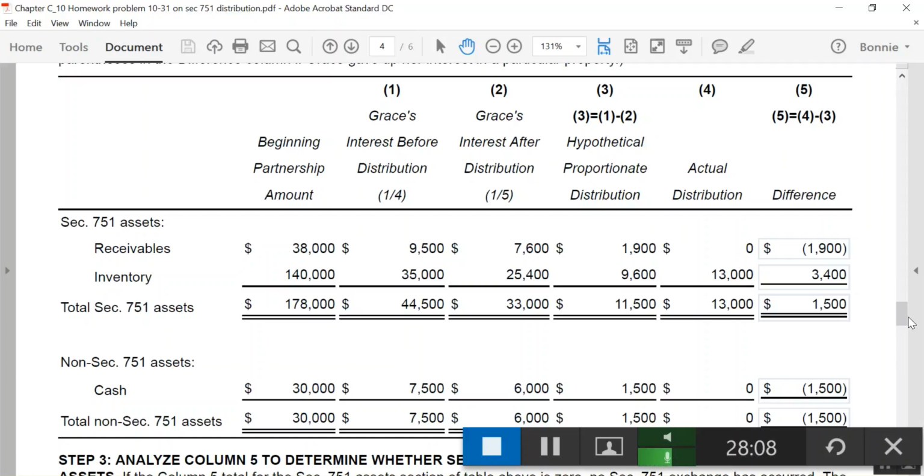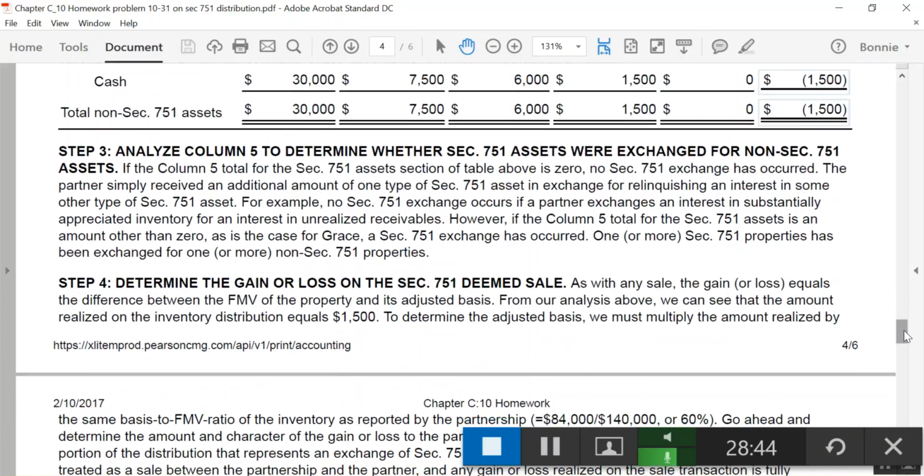You would just go back to your regular rules of distribution and look at whether she had enough basis to absorb the bases of the property being distributed, and if she did, you would just reduce her basis in the partnership interest by the basis of the property being distributed, and she would take basis in any non-cash property distributed equal to the basis that the partnership had in that property, and so forth and so on, right? You would just follow the same rules. But in this case, it's not 0. So if it's not 0, then you know that a 751 exchange occurred.